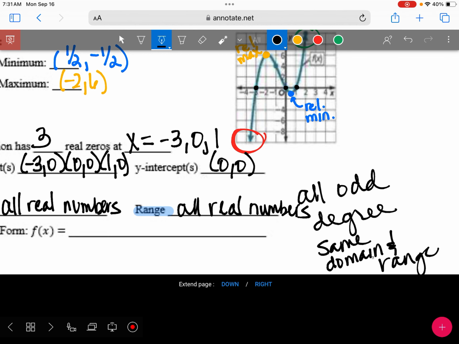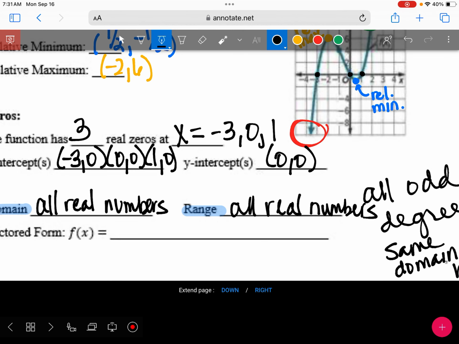All right, so let's go ahead and write our factor form. So we have 3 degrees, 3 zeros. So we're gonna put 3 parentheses. X goes in the front. So in the first one, we have a +3. 0 is the only number that doesn't have a sign. So you could put a +0 or a -0, or you could just leave the X by itself.